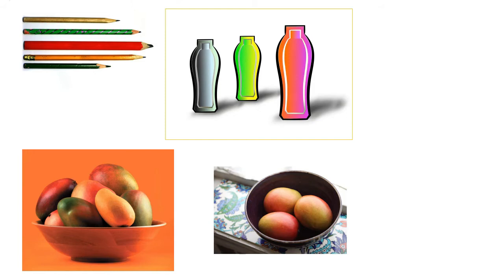Suppose this second bowl which has only 3 mangoes is half kg of mangoes. You can also say it as 500 gram of mangoes. So you find here that the same quantity is called out in different ways, different units.